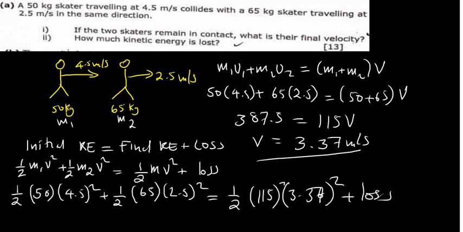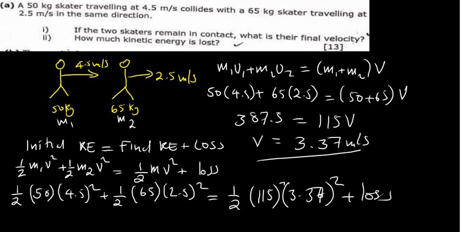So let's work this out. We have got half multiplied by 50, then multiplied by 4.5 squared, and then we add another half multiplied by 65 multiplied by 2.5 squared.